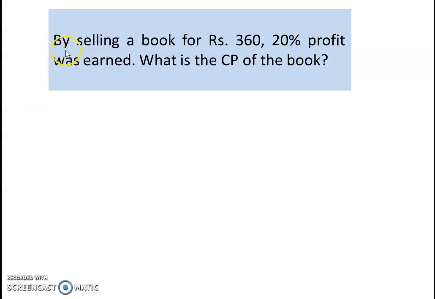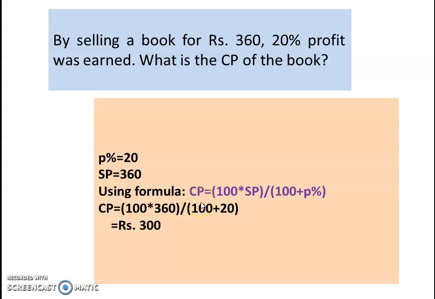First problem we have is, by selling a book for 360 rupees, 20% profit was earned. What is the CP of the book? In this case, SP is given and profit percentage is given, right? We need to calculate the value of cost price. So we have formula, CP equals 100 into SP divided by (100 plus profit percentage).